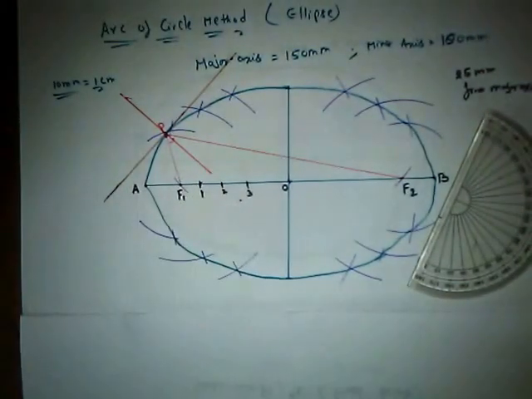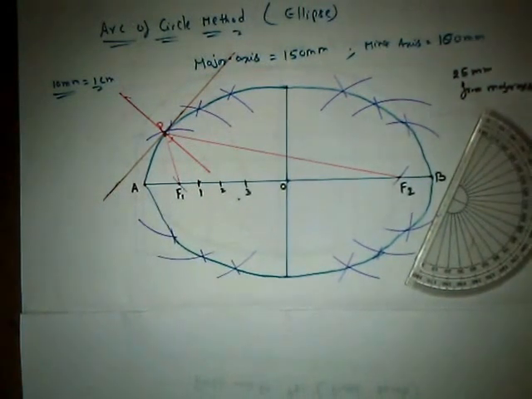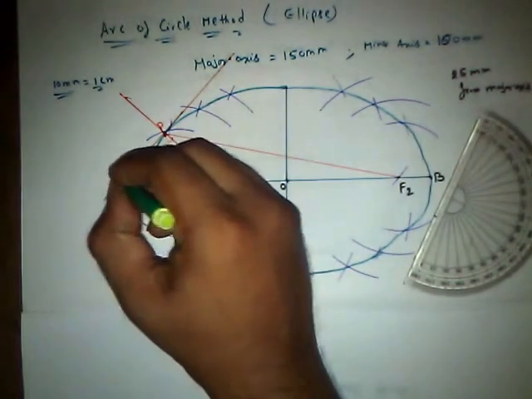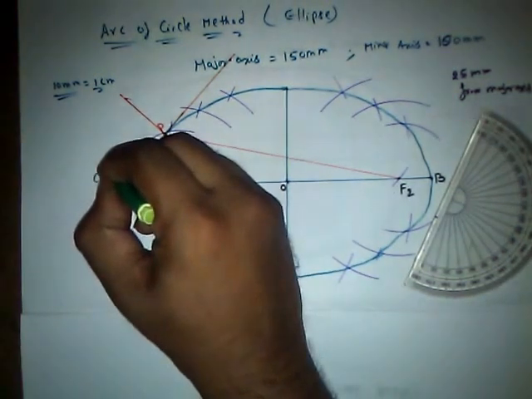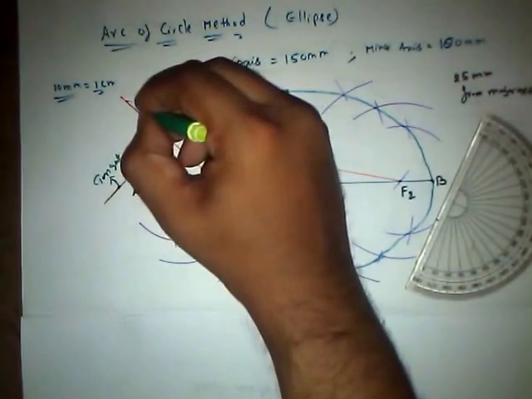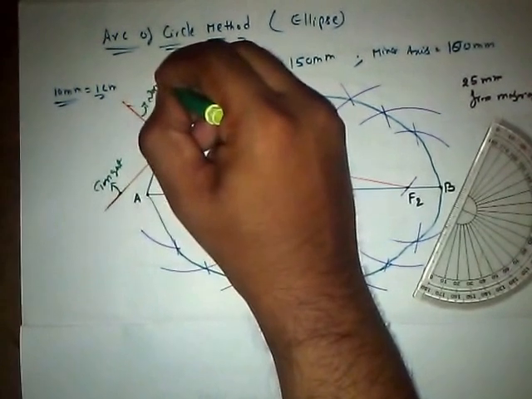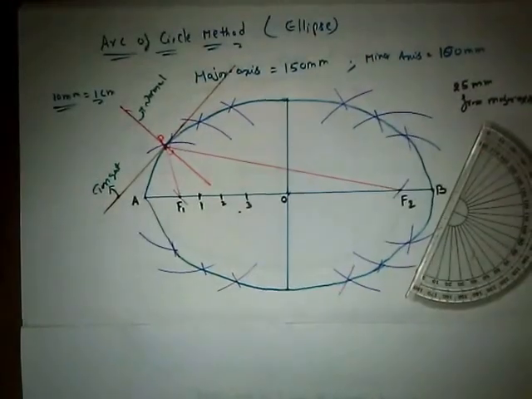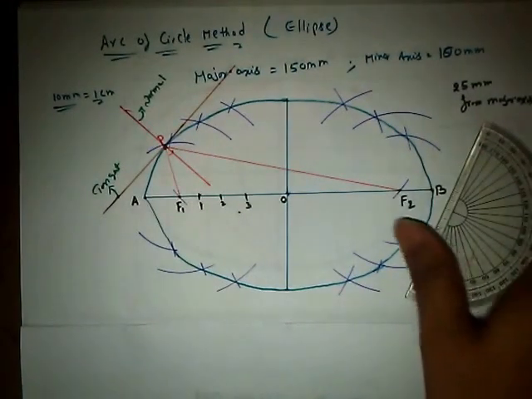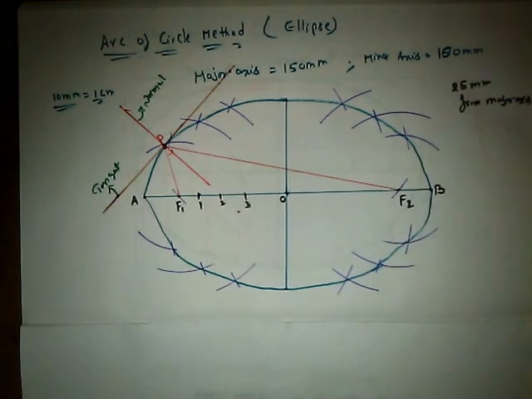So this is our tangent and normal construction. Remember, this is the tangent and this is the normal. Every time, a normal cuts the curve and a tangent just touches the curve.